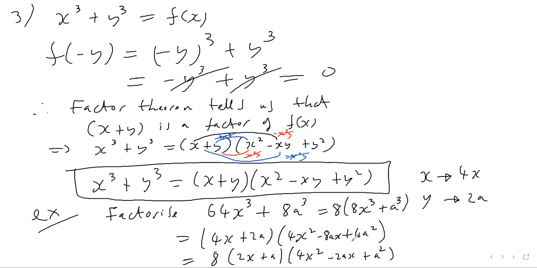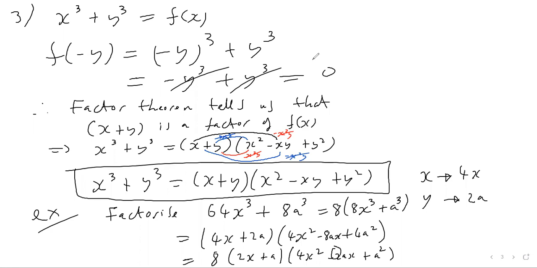So this result is actually just the same as the previous result. And you can see that by bringing out a 2 from this factor, which gets you that factor there. And then if you bring out a 4 from the factor over there, then you'll get the result from there as well.